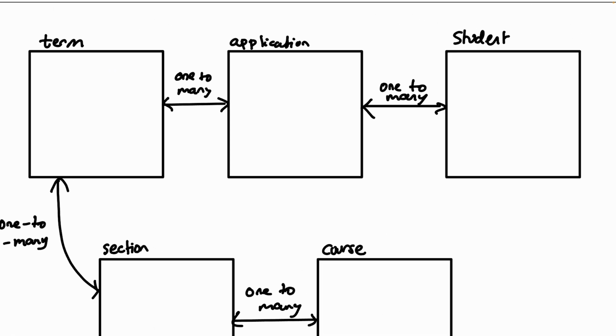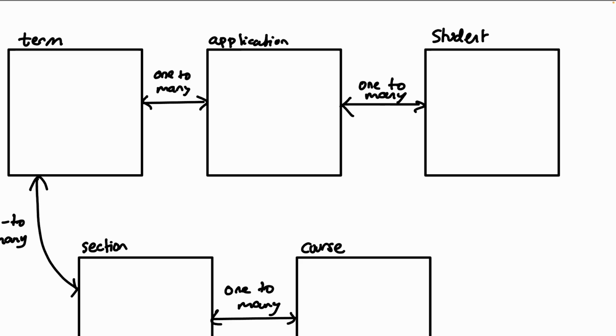All right, and now we were thinking about how my application connects to the actual classes that I'm looking for. Because ultimately I'm submitting an application to be a TA for specific courses. So it might be tempting to connect application and course, and there could actually be some justification for this relationship.